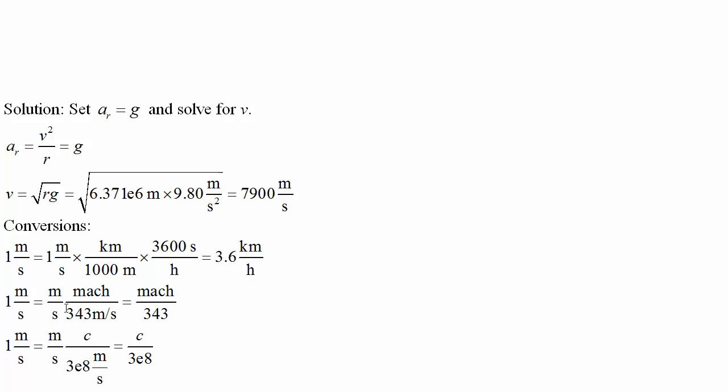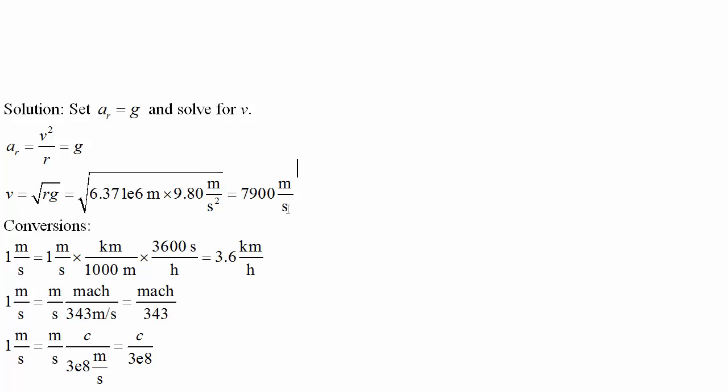1 meter per second in terms of Mach number, well, the speed of sound is 343 meters a second, so 1 meter a second is 1/343rd of a Mach, or 1/343rd of Mach 1. 1 meter per second is c divided by 300 million, right? So it's 1/300 millionth the speed of light.